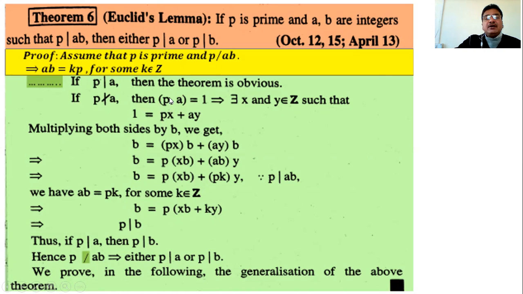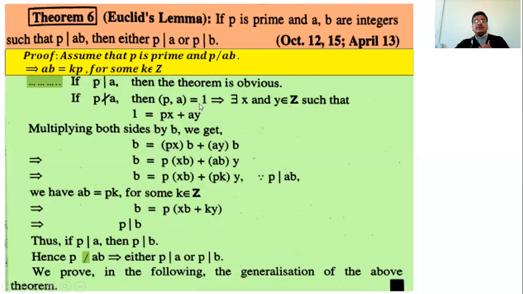Because what is the meaning of greatest common divisor of P and A? The common divisor of P and A. P has only two positive divisors, 1 and P. So the common divisor of P and A is either 1 or P. So the possibility of the greatest common divisor is 1 or P. When P is the greatest common divisor, P divides P, yes. But it is a common divisor only if P divides A, and here P does not divide A. Therefore the greatest common divisor of P and A is only 1.